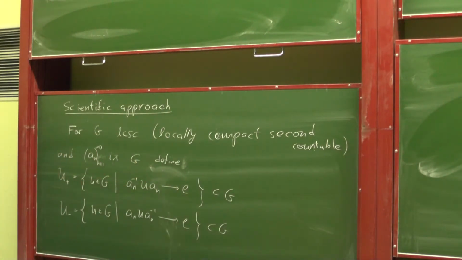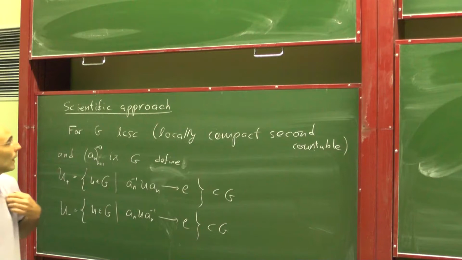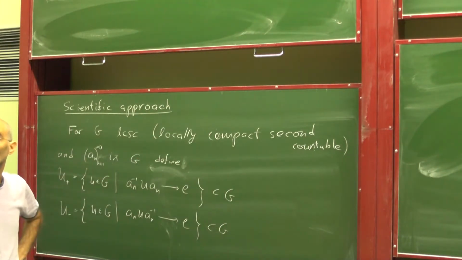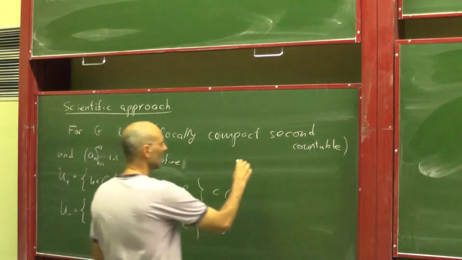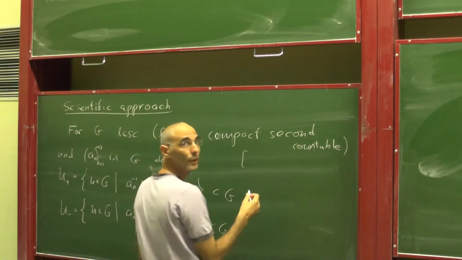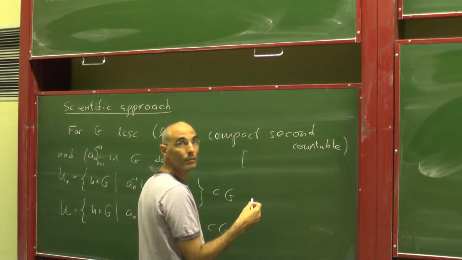What does second countable mean? It has a countable basis. First countable is enough, actually.